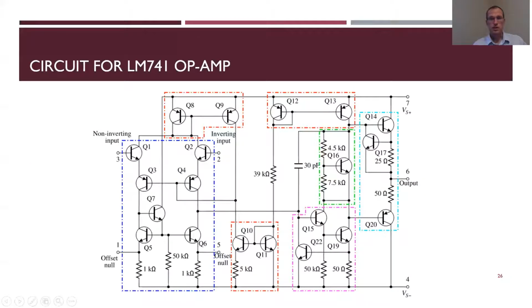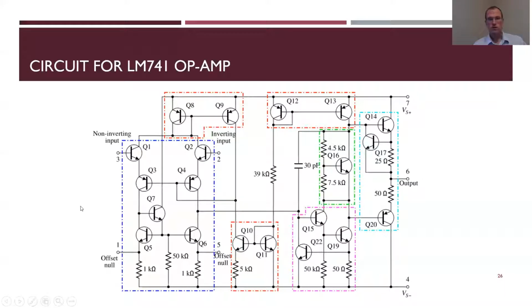So this is a typical circuit that's on an op amp. This is the LM741 op amp. It's a whole bunch of transistors and resistors. This is the whole thing that's on that little rectangular chip. You have an output over here, VS coming in and out, non-inverting input, inverting input.